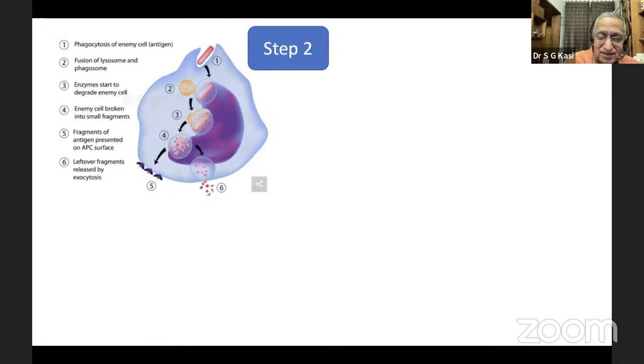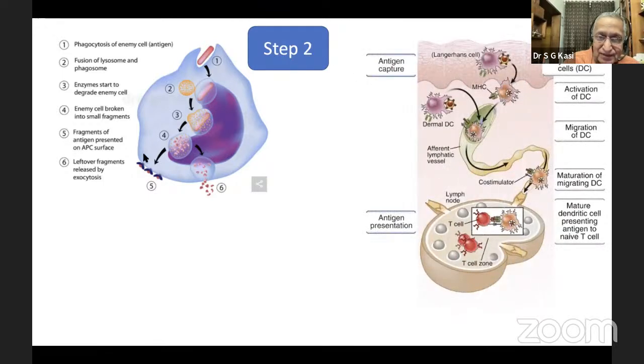When all this is happening, this antigen presenting cell is gradually moving towards the lymph node, and this migration is induced by certain chemokines. Chemokines are proteins which induce the movement of certain types of cells.